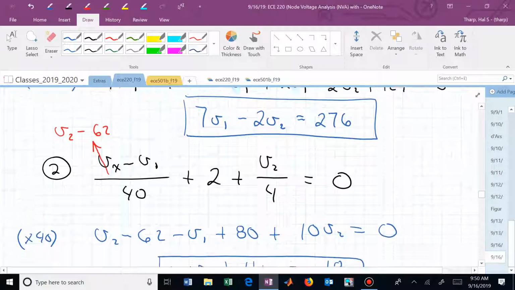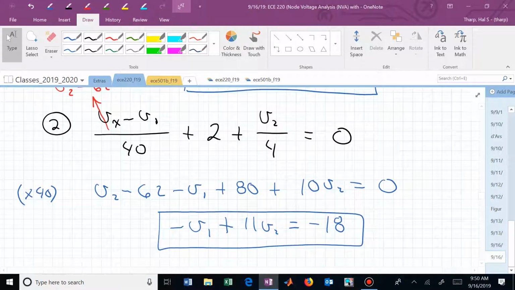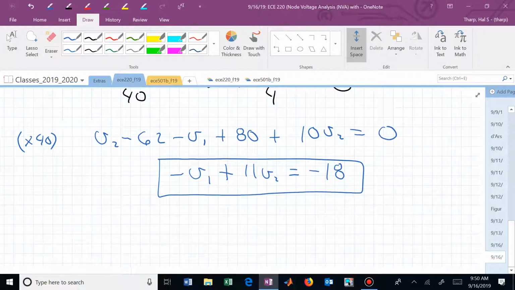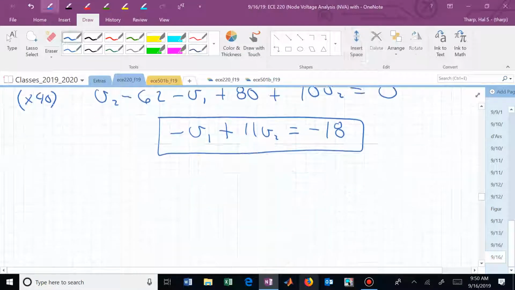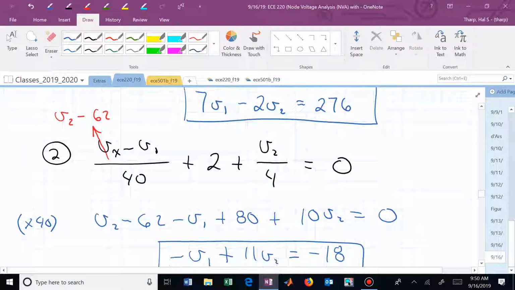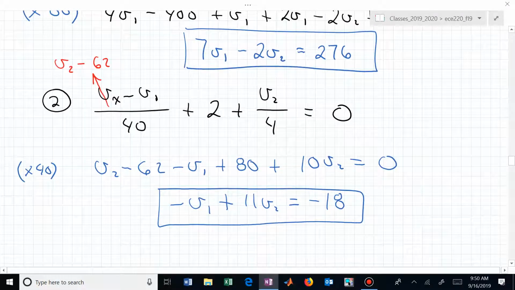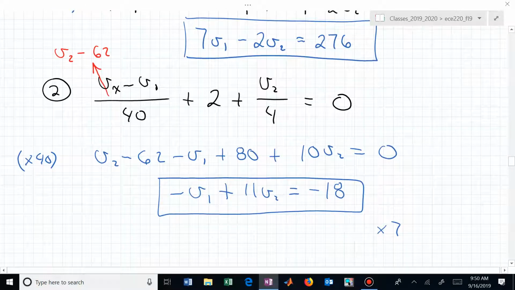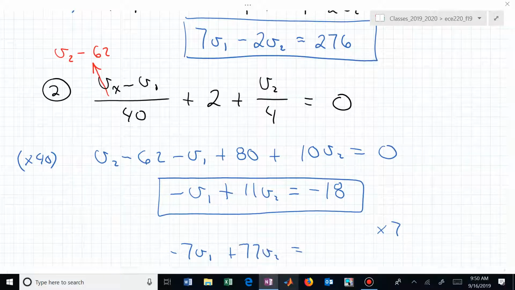I now need to solve these two equations simultaneously. And the easy way to do that might be to multiply this bottom one by 7, so that it now becomes minus 7V1 plus 77V2 equal 18.